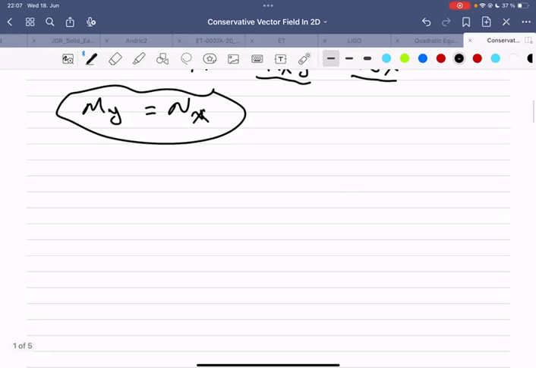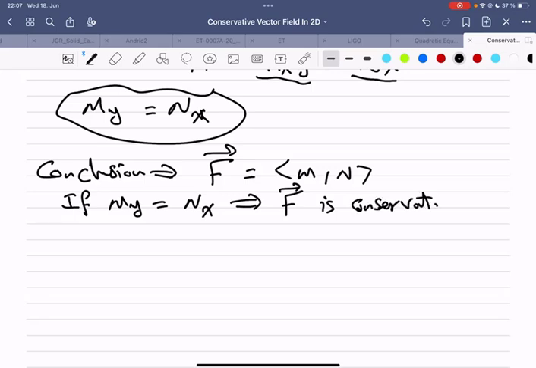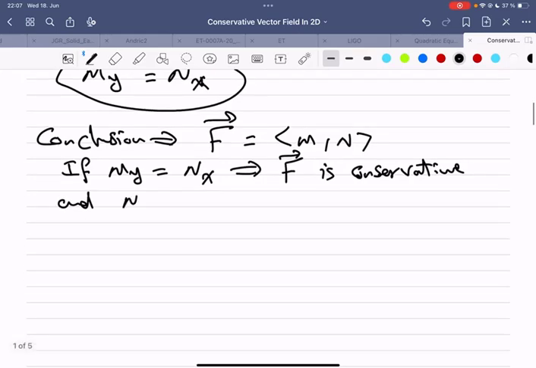Conclusion. F equals M and N. If M y equals N x, then F is conservative and M will equal phi x and N will equal phi y.